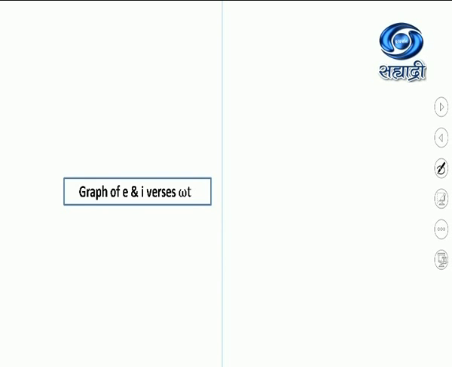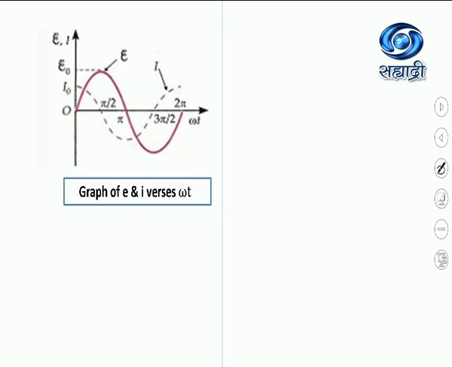Now let us see the graphical variation of EMF and current with respect to the phase omega t. This is the nature of the graph, and here you will observe that the EMF is 0 when the phase is 0. For that, the basic equation is E is equal to E naught sine omega t.